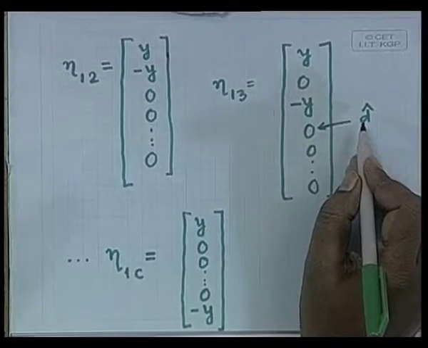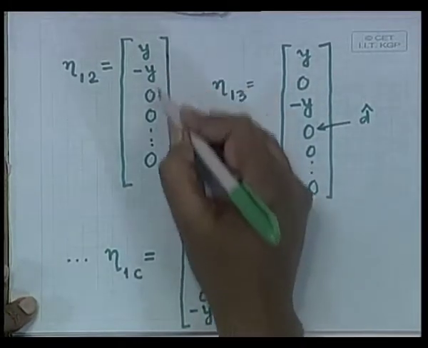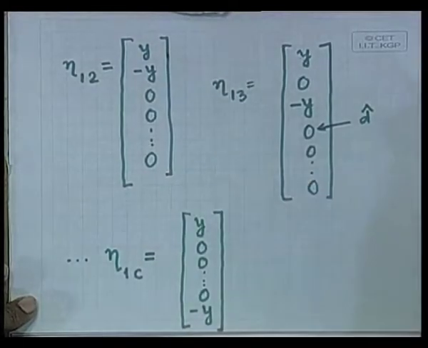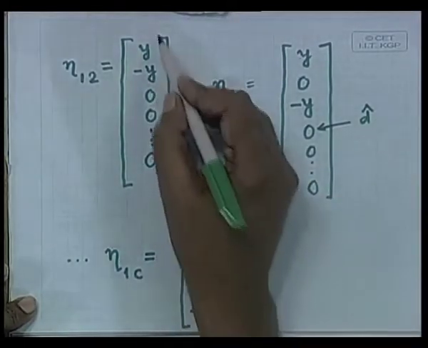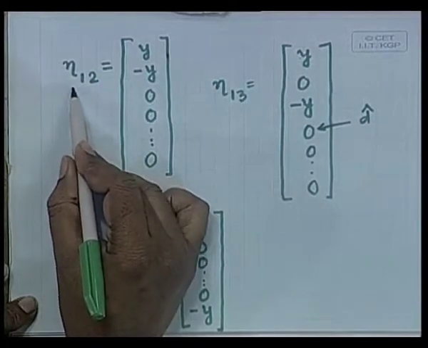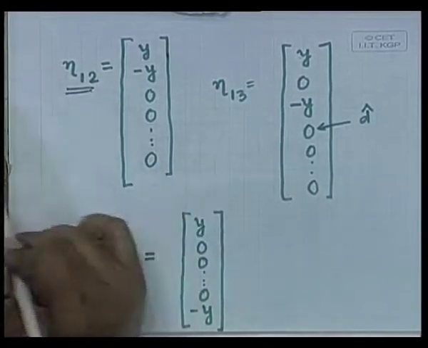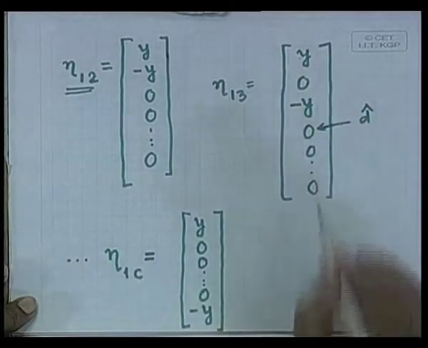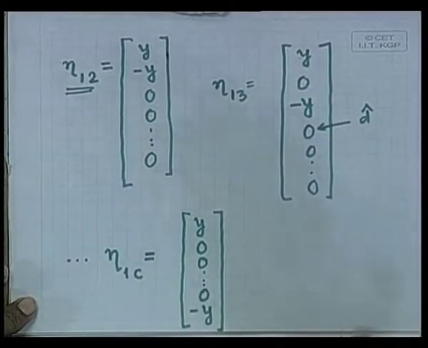As there are c such vectors, every vector having a dimensionality of d hat, the overall dimension of these vectors eta 1 2, eta 1 3 up to eta 1 c is c into d hat. Is that okay?